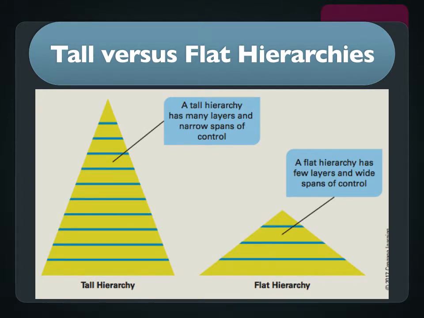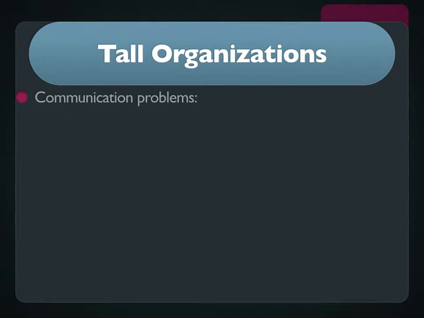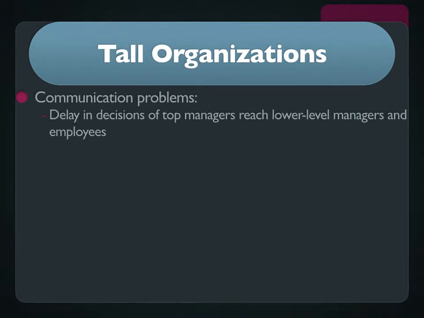Visually, we can think about tall hierarchies and flat hierarchies like this. Tall hierarchies have many layers and narrow spans of control. Flat hierarchies have few layers and wide spans of control. Tall organizations face communication problems.